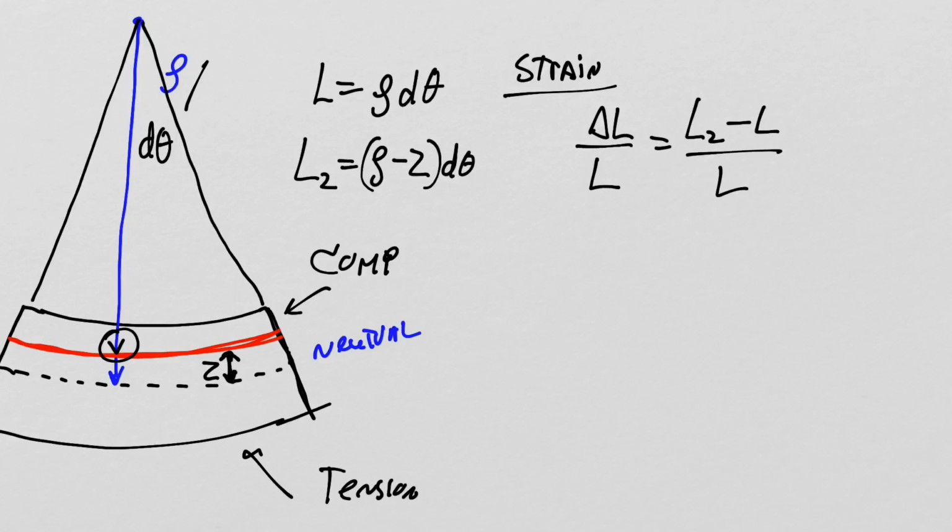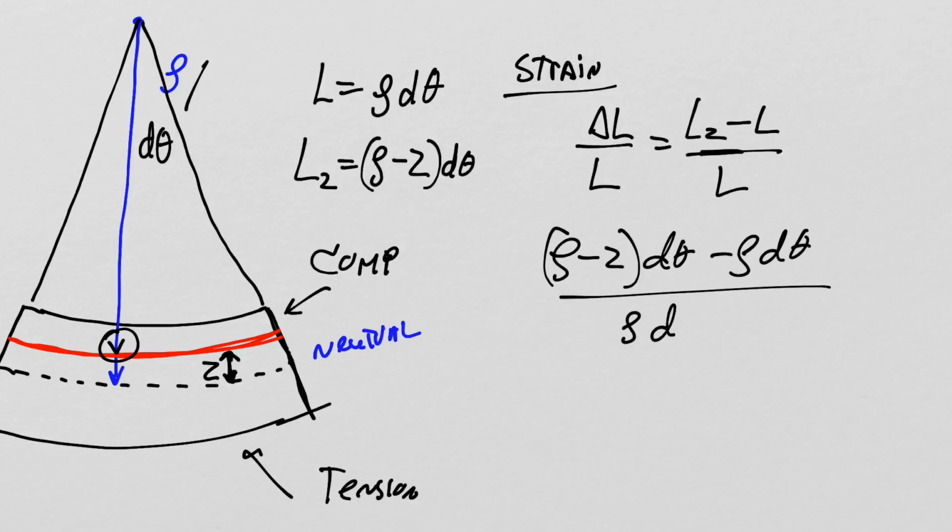So this isn't a 2, that's a Z. Better fix that so it doesn't confuse me later. L_z minus L, well, this is pretty easy, right? It's just going to be rho minus Z, d theta, minus rho d theta, all over rho d theta.